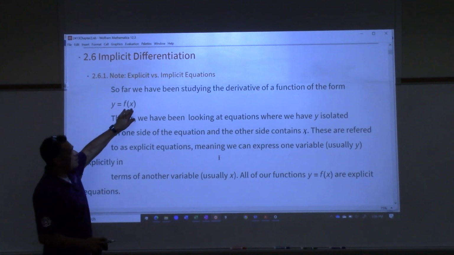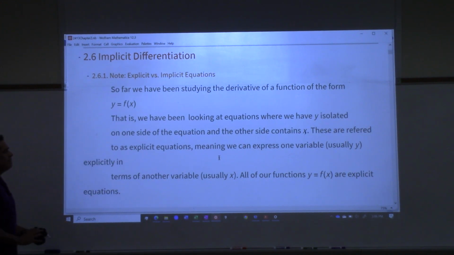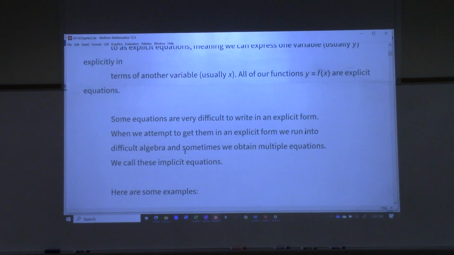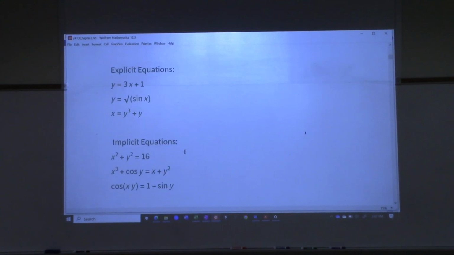Y is some function of x, right? So we would say that we have an explicit function or an explicit equation. But not every equation is explicit.